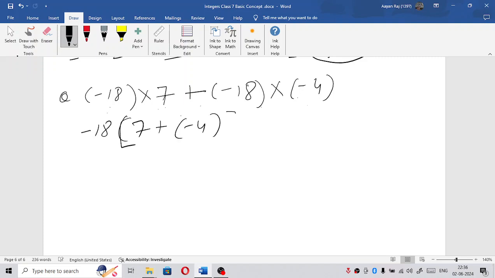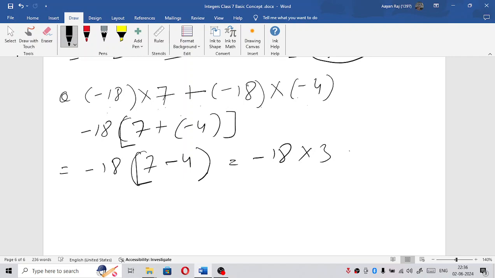So we would further solve this question, minus 18, and then here plus into minus, the sign will change to minus, which is 7 minus 4. Solving further, minus 18 into 3, which would be plus into minus, again you have to put the sign minus, and 18 3s are 54. So this is the answer for this question.